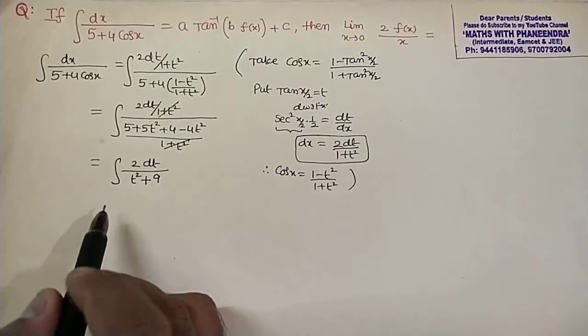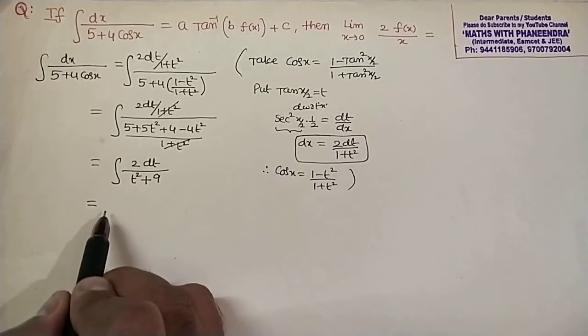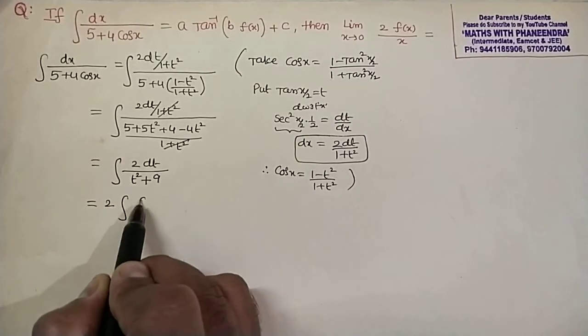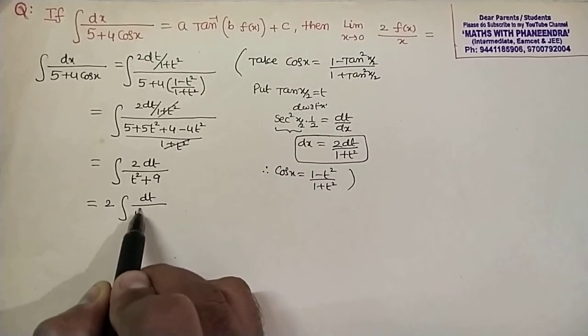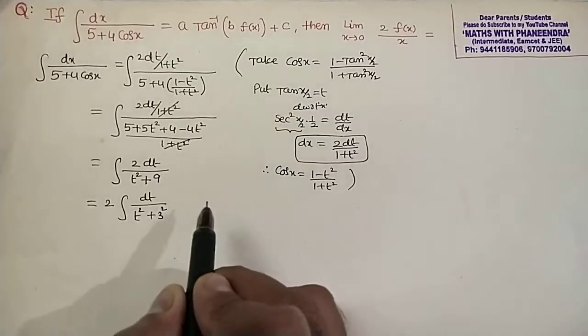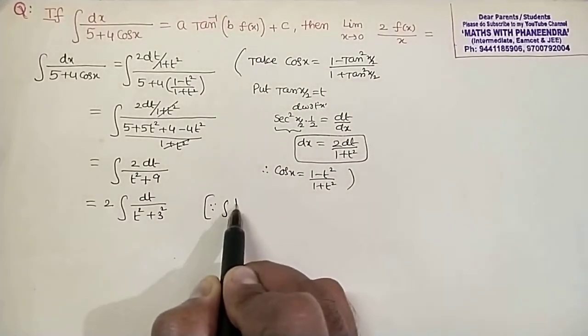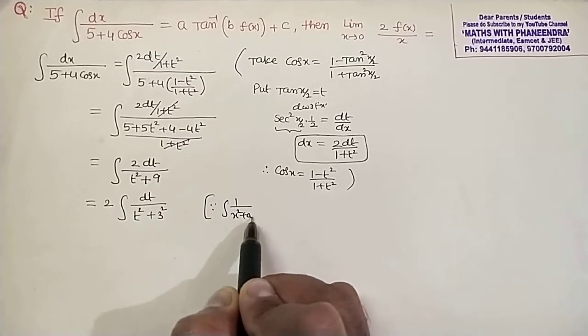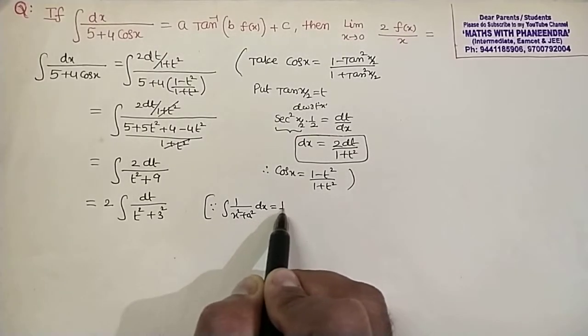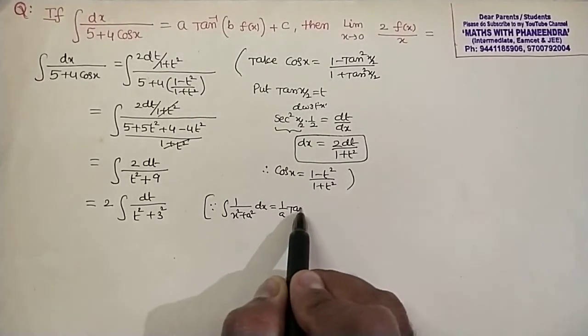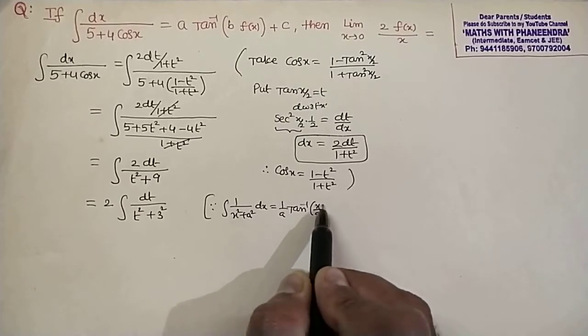The constant 2 we can take outside, and dt by t square plus 9, where 9 can be written as 3 square, is in the form of integral 1 by x square plus a square into dx, which is equal to 1 by a into tan inverse of x by a plus c.